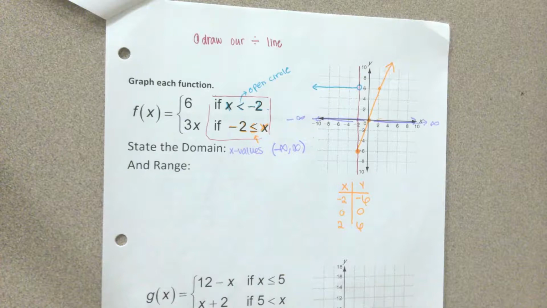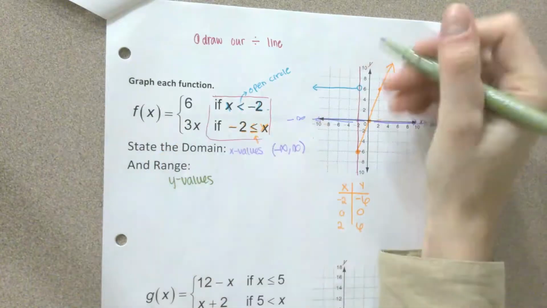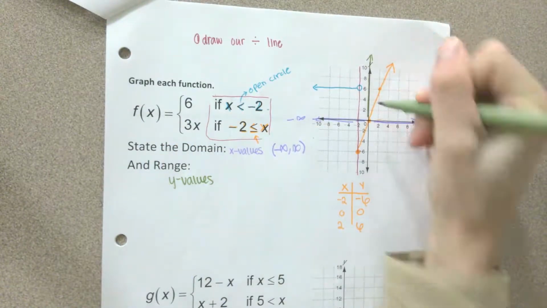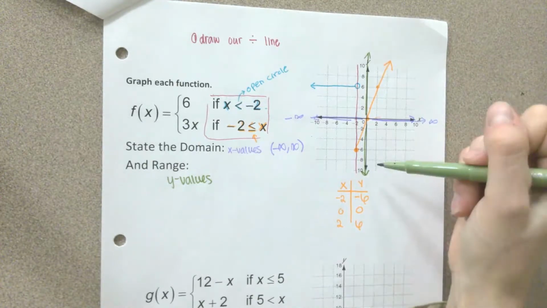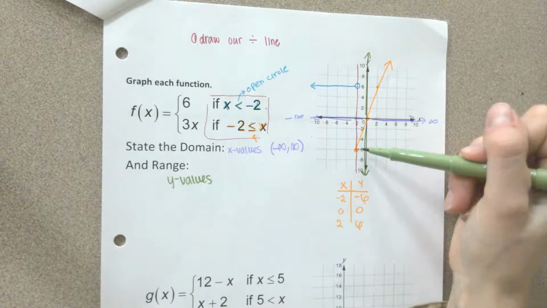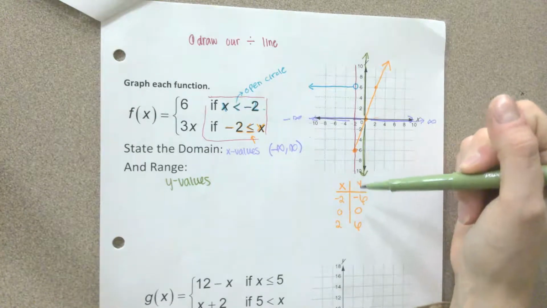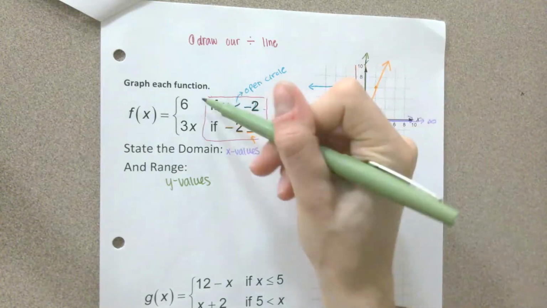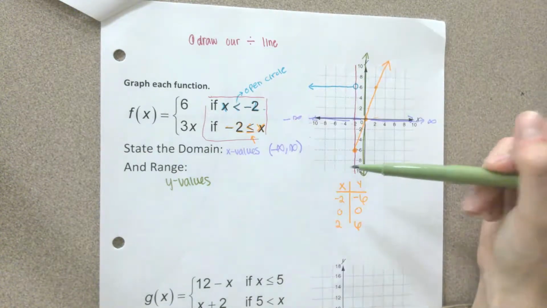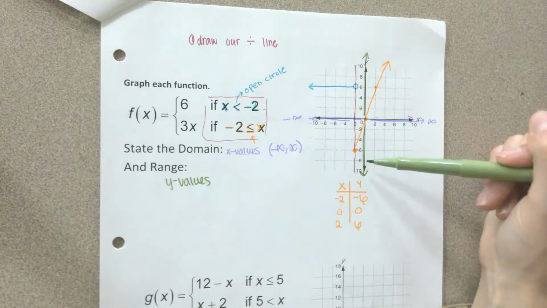Our range is then our y values. So now we're looking up and down on our y-axis, what is included, okay? We do not go further down from -6, right? Our piecewise graph, the lowest value that it gets to is -6.